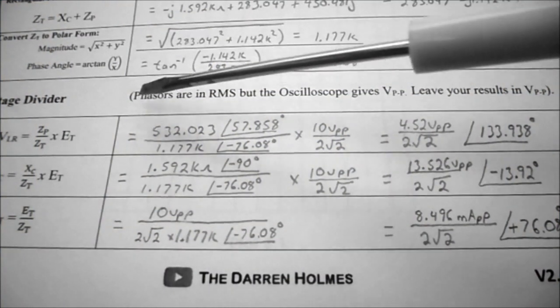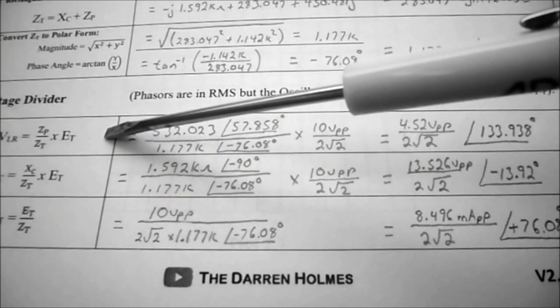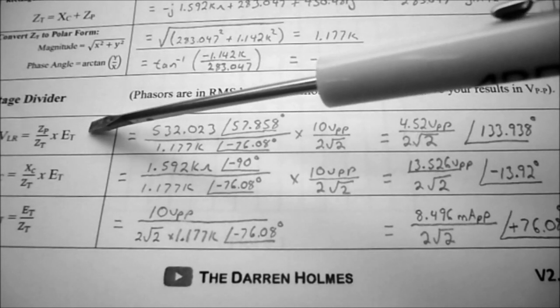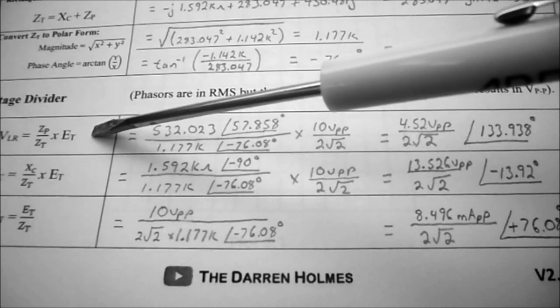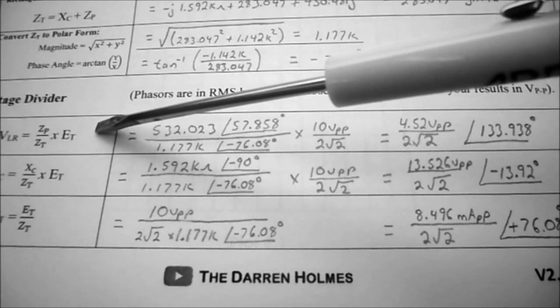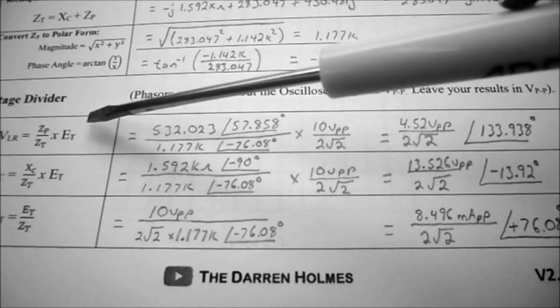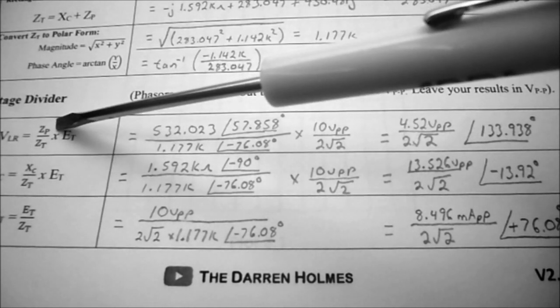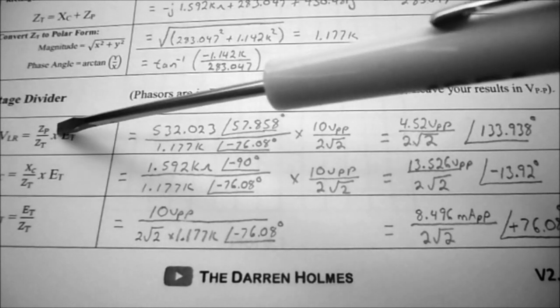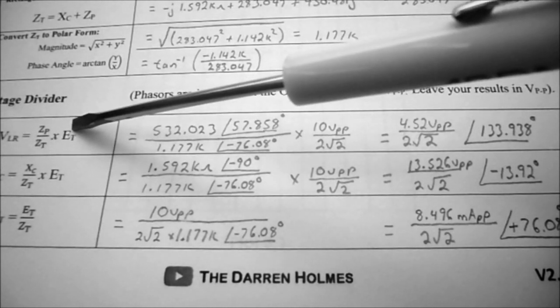Now to finish up our pre-lab calculations, we need to know what VLR is, or the voltage across the parallel branch. So we're just going to use voltage divider. So we just take Z parallel divided by Z total times the applied voltage.